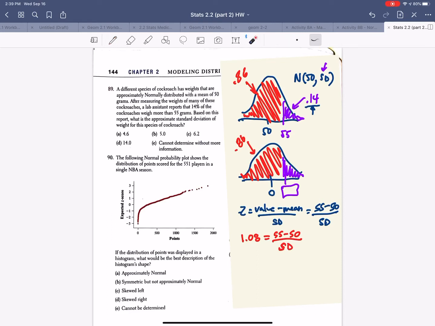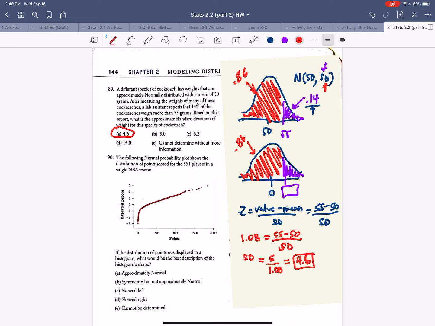I can just do a little algebra here and swap these. So the standard deviation is equal to 55 minus 50, which is 5, divided by 1.08. So my standard deviation is 4.6.